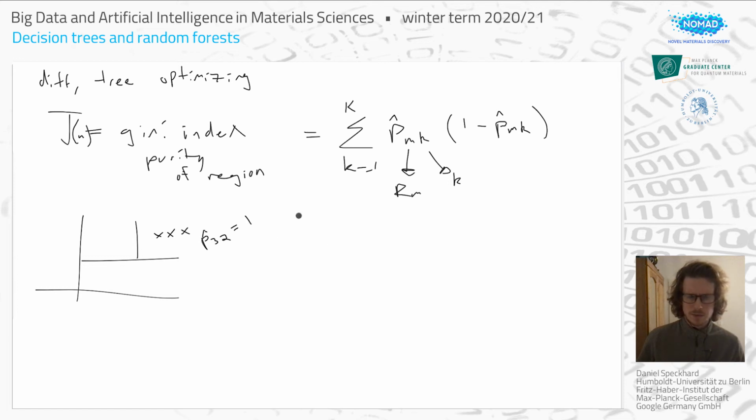Let's substitute this in for our data. For this region, the other class labels P3,1 and P3,0 were all equal to 0.